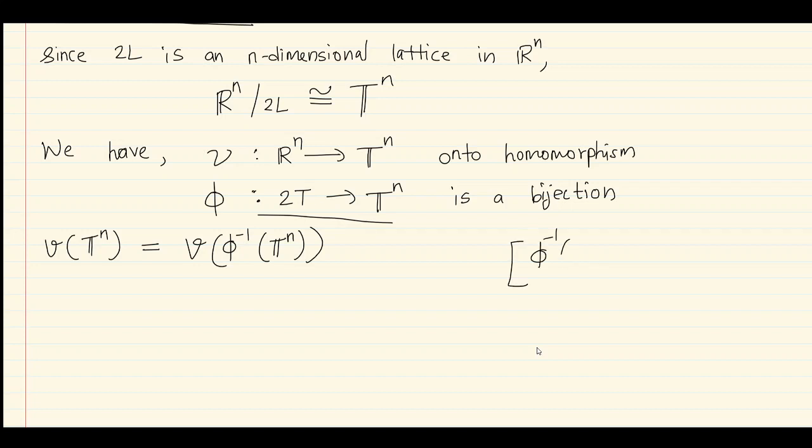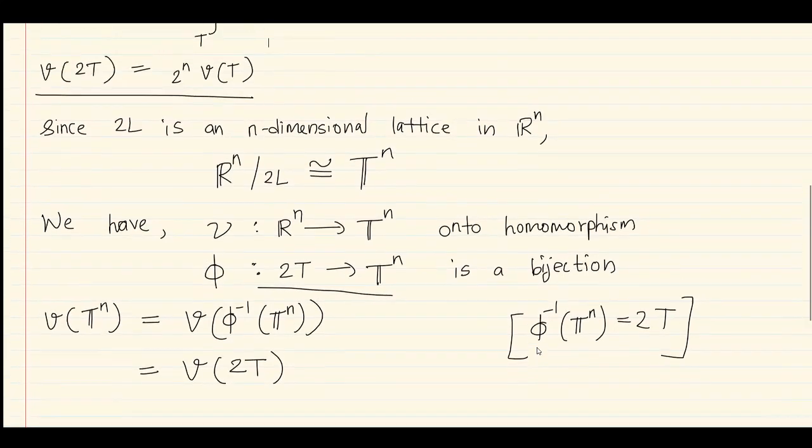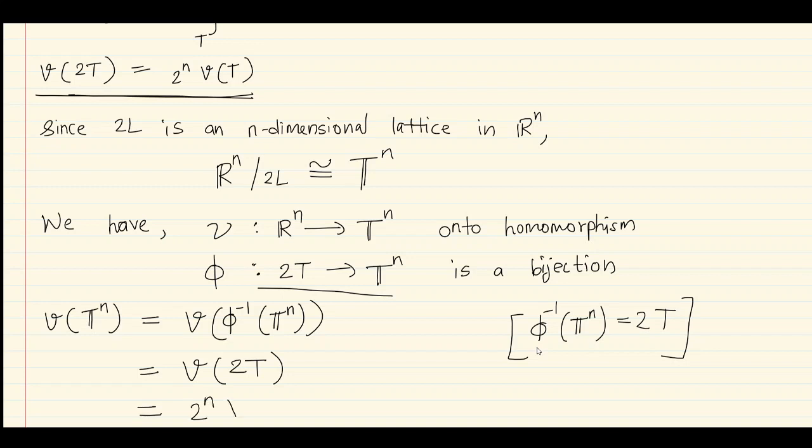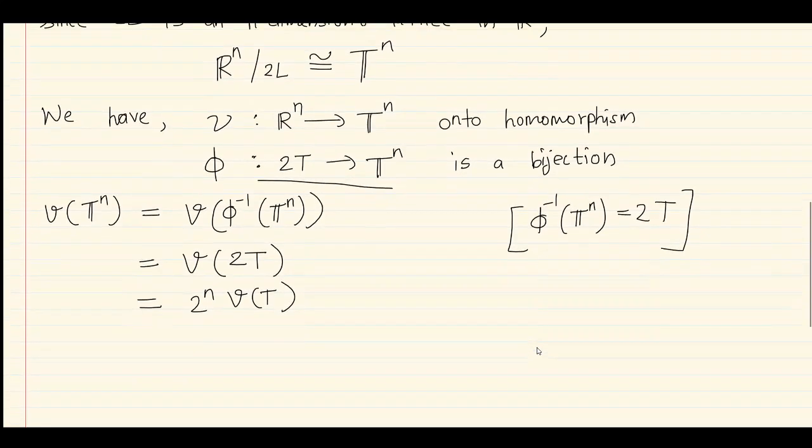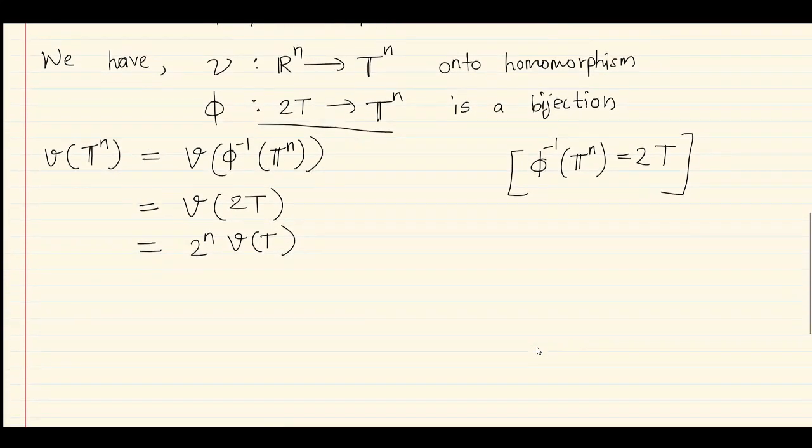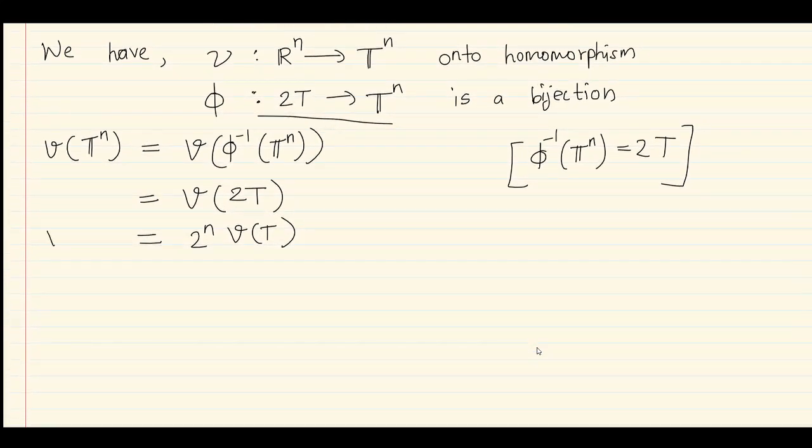So this is equal to the volume of 2T, and we have shown that the volume of 2T is equal to 2^n times the volume of T. So the volume of the n-dimensional torus T^n is equal to 2^n times the volume of T.